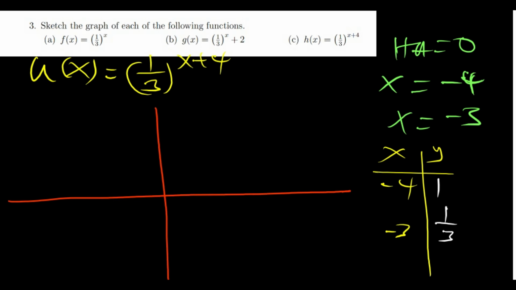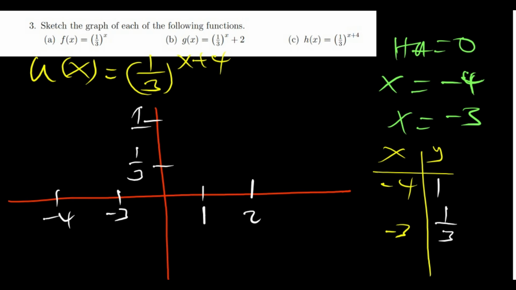Let me put negative 3 here and negative 4 here. If you want, you can put negative 1, 2, 3, 4 up to negative 4. Here I can put 1, here I can put 2. Then on the y-axis I've got 1 over 3 and 1.